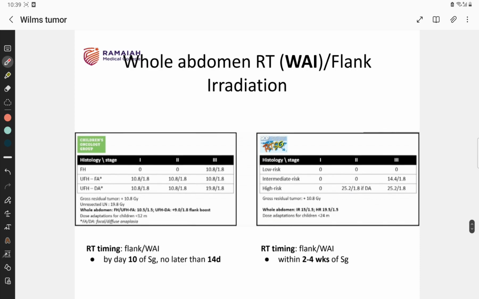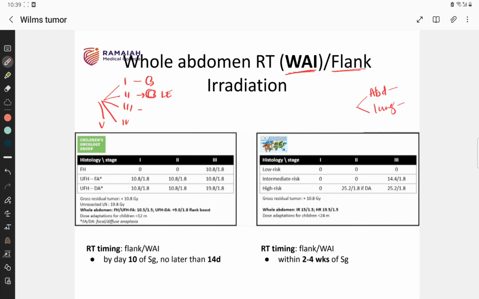Now coming to whole abdomen RT. Basically in Wilms tumor, the two things are RT to the abdomen and RT to the lung: whole abdomen or flank RT, and whole lung RT. As per the staging, we know stage 1, 2, 3, 4 and 5, where 5 is bilateral kidney involvement. Stage 1 is confined to the kidney, stage 2 is kidney with local extension just near the capsule.